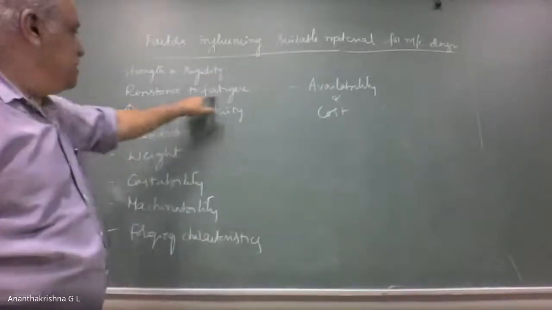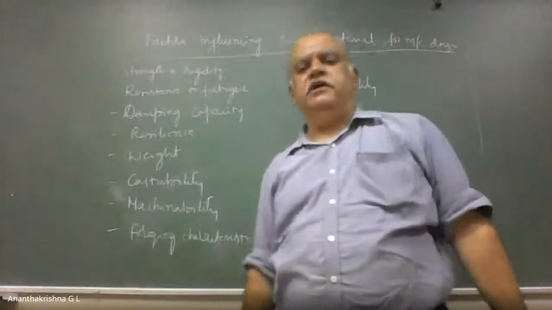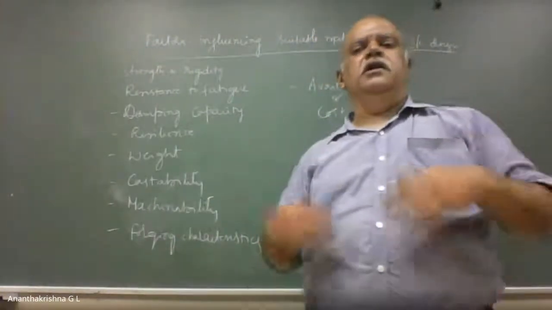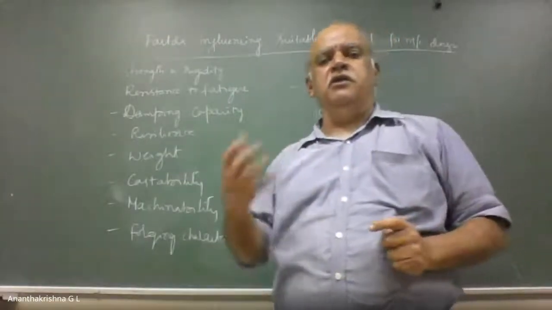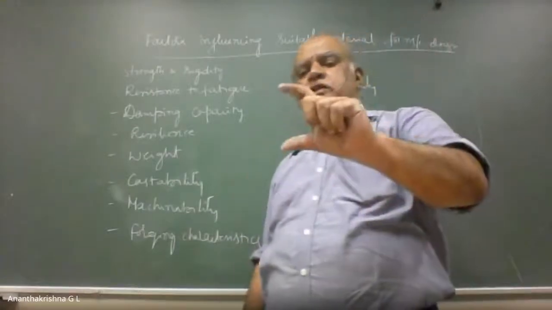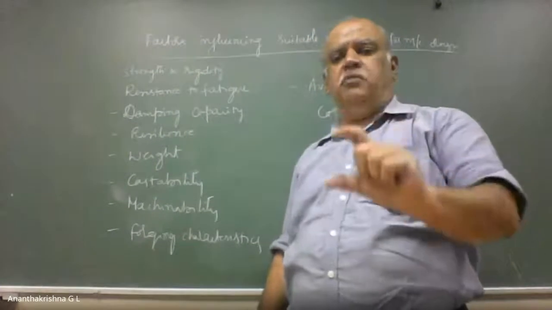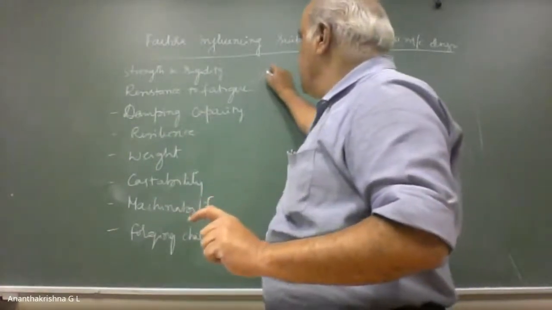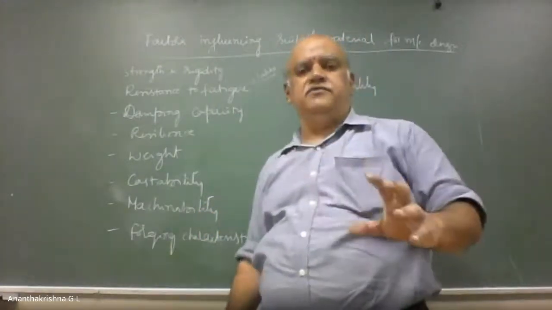Next is resistance to fatigue. What do you mean by resistance to fatigue? Say for example, your tire is subjected to repeated loading. In an IC engine, as long as your engine is running, the piston and connecting rod are constantly subjected to loading, and also the valve and valve spring are subjected to continuous operation of lakhs of cycles.